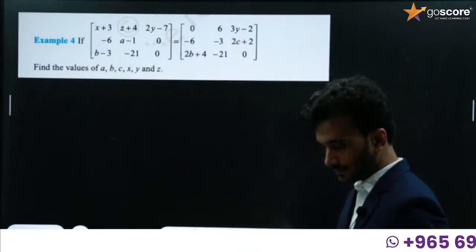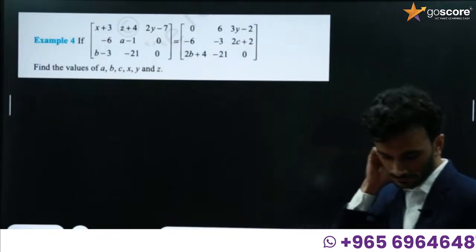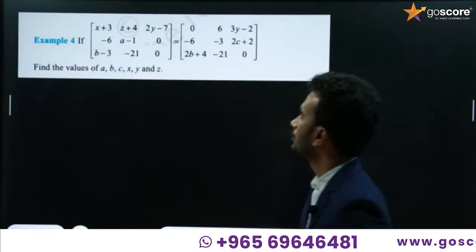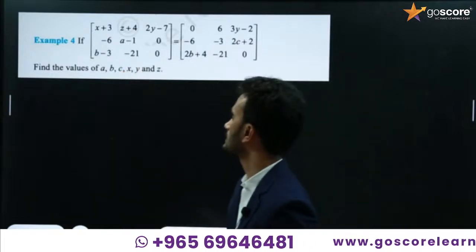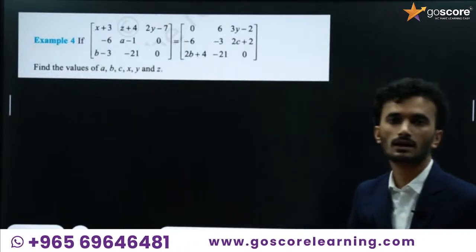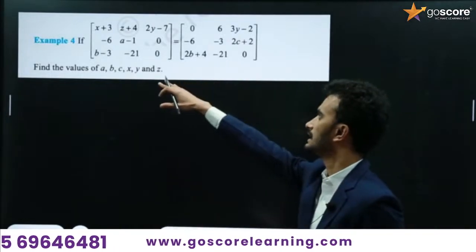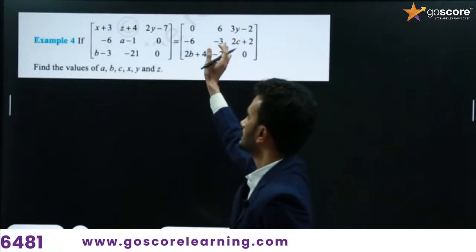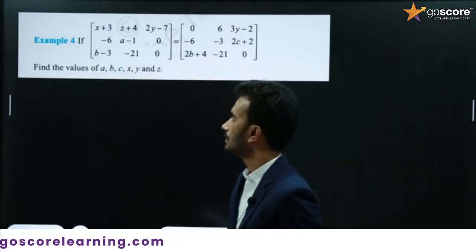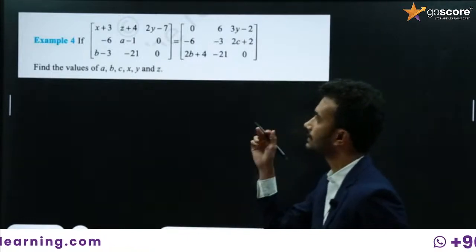Fourth question. If one matrix is, you can see here, x plus 3, z plus 4, 2y minus 7, then in the left hand side you can see one matrix, and in the right hand side you can see another matrix. Find the values if they are equal.